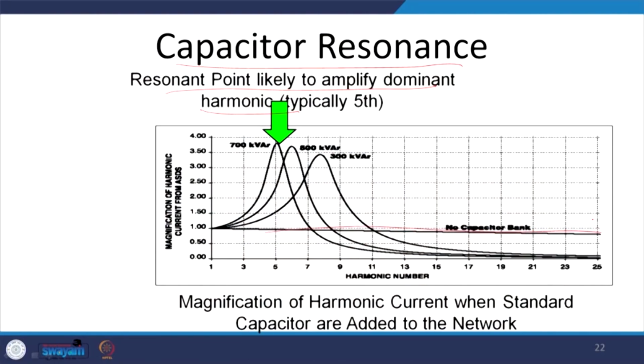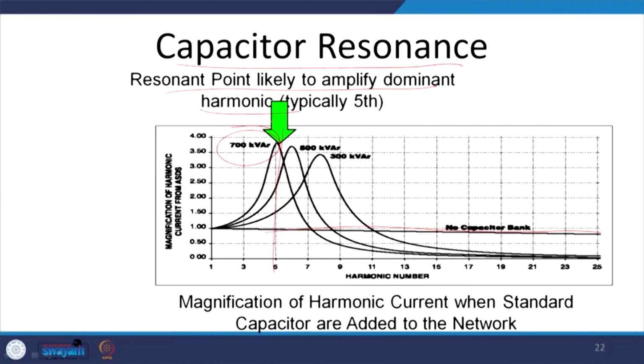So, it is quite low, but what happened? You have introduced 700 kVAr of capacitive power, and you can find that it gives a resonance at the 5th harmonic, and that is quite detrimental.